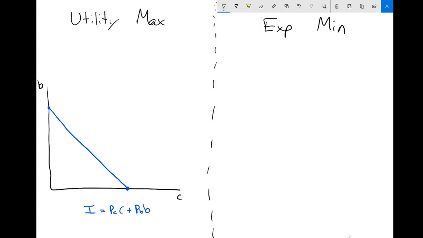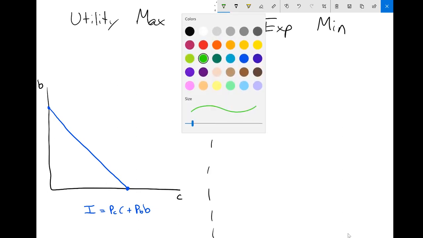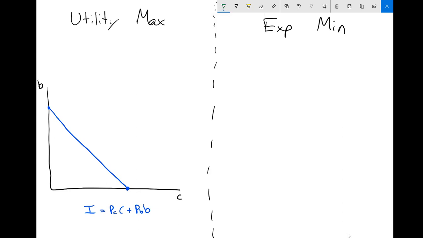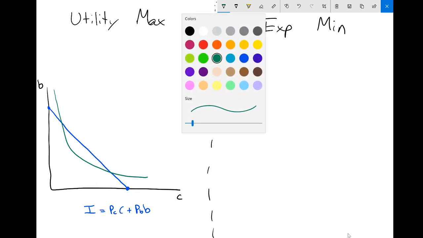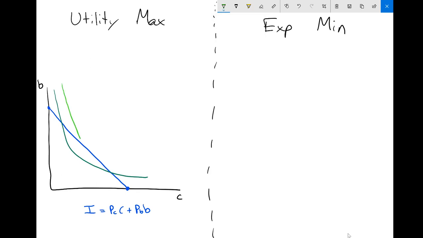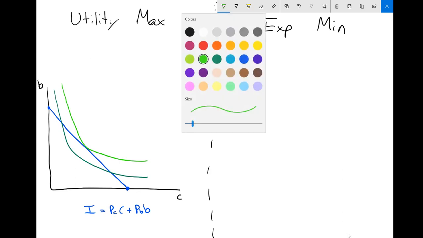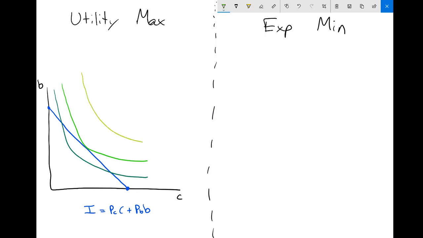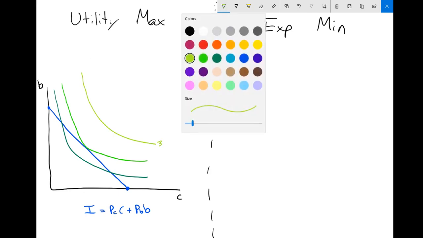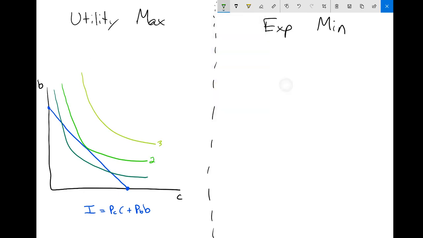And then, if you remember from our lecture, people will choose a bundle that corresponds to the indifference curve that gives them the highest amount of utility.